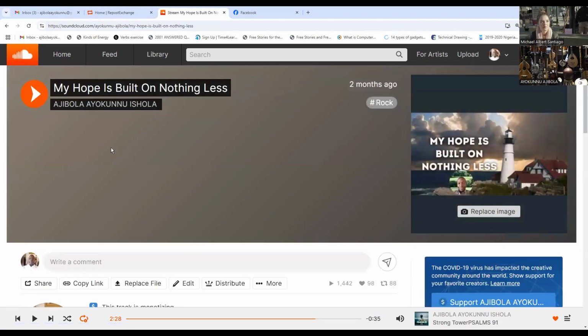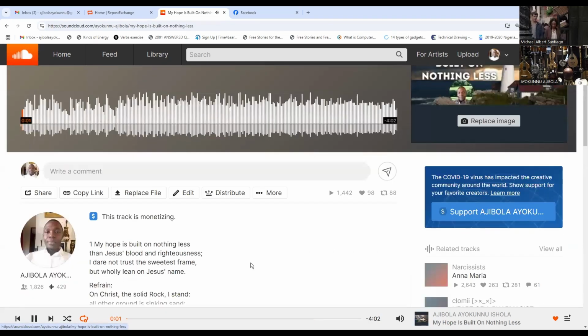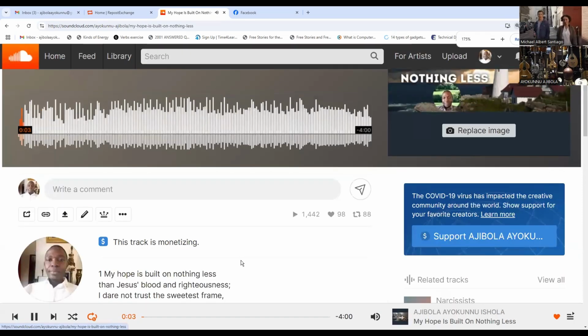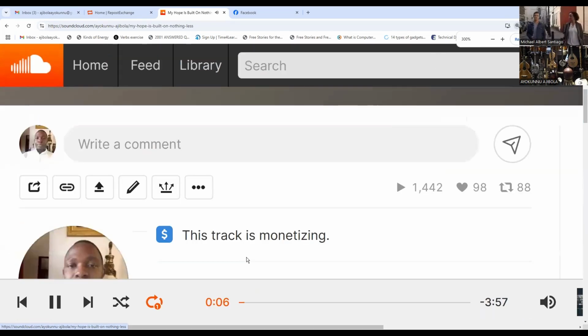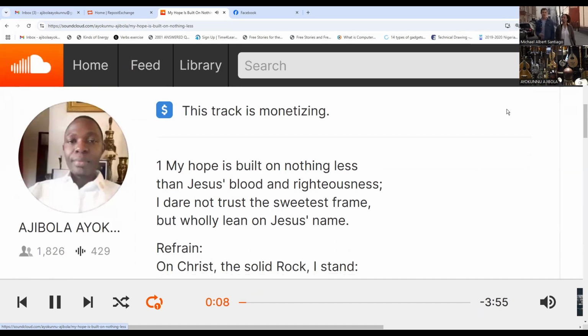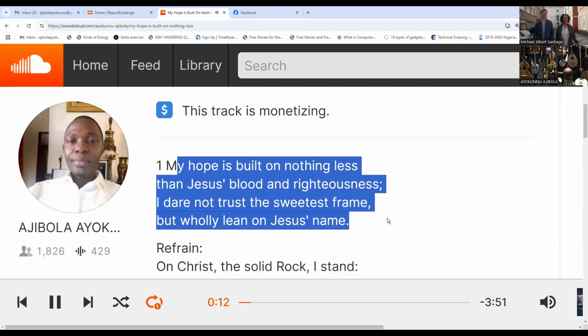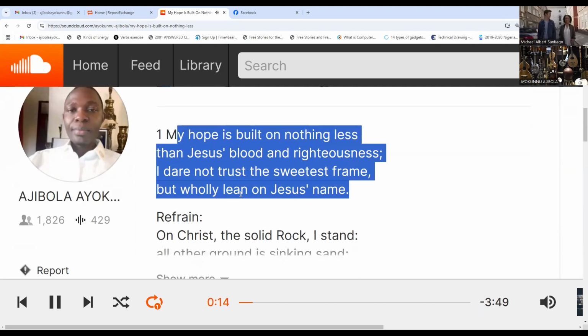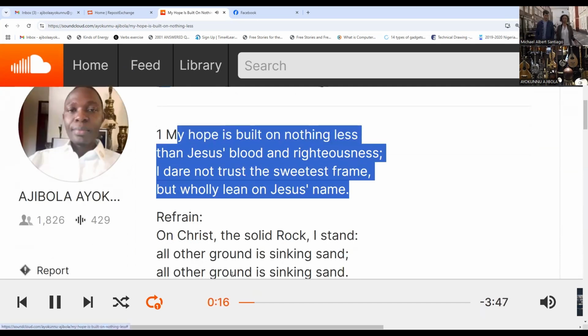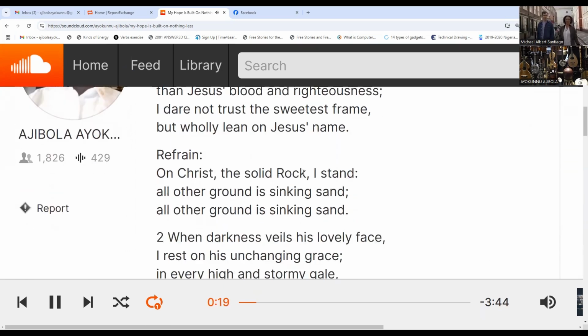My hope is built on nothing less than Jesus' blood and righteousness. I dare not trust the sweetest frame, but wholly lean on Jesus' name.